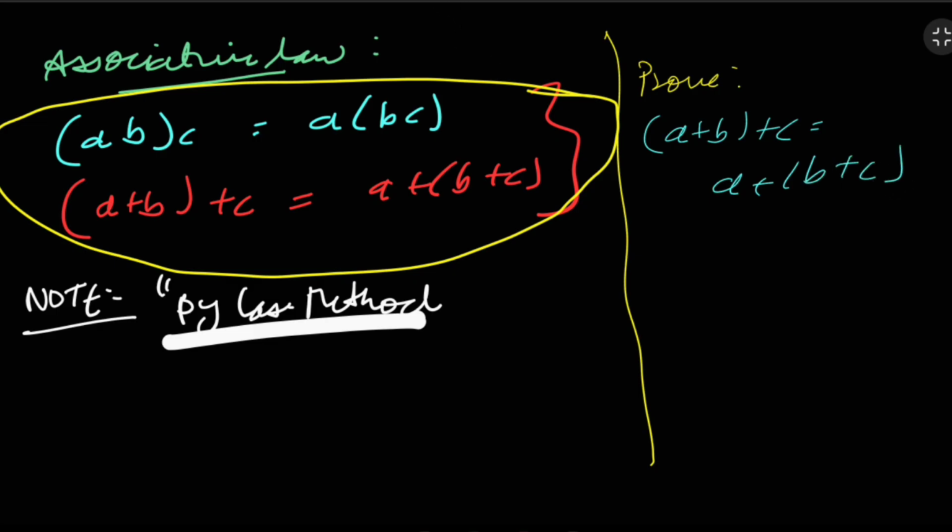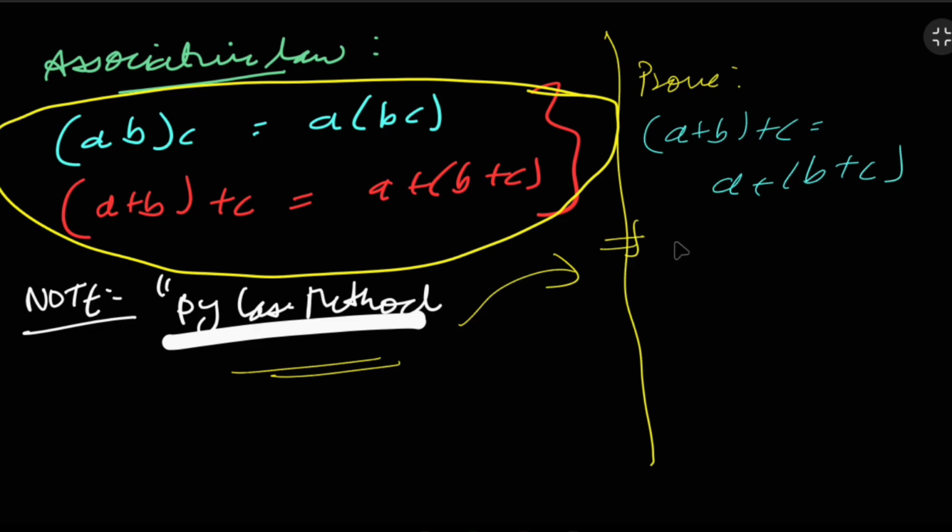If you prove it, then what is the most stupid method? It is the truth table. And it will take a lot of time because both of the truth tables will be same. Now let us see a good method. By case method. Okay? What this method will do? Take any variable. Right? One variable.